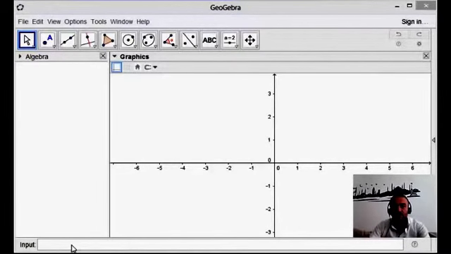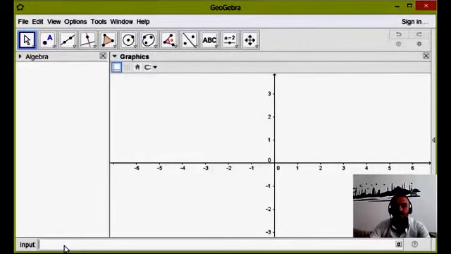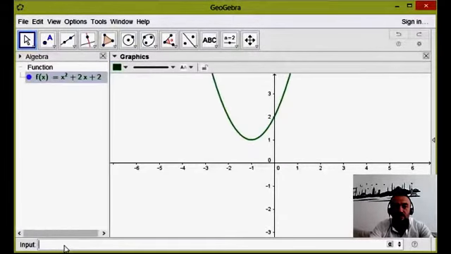As you know, a parabola has an equation which is a quadratic equation, and you may simply write x squared plus 2x, for example, plus 2 in the input bar and push the enter button, and you can simply obtain a parabola.